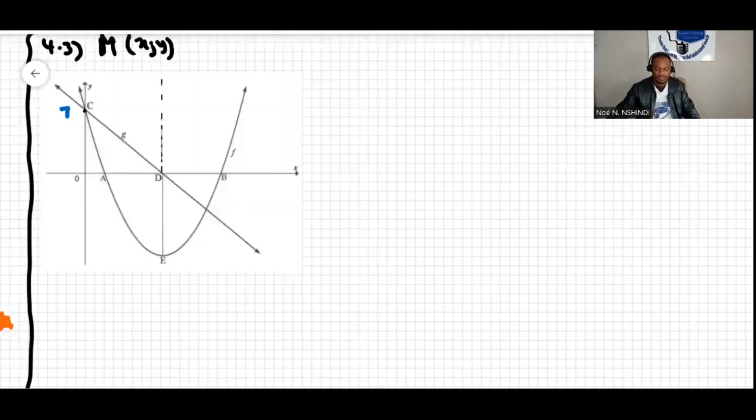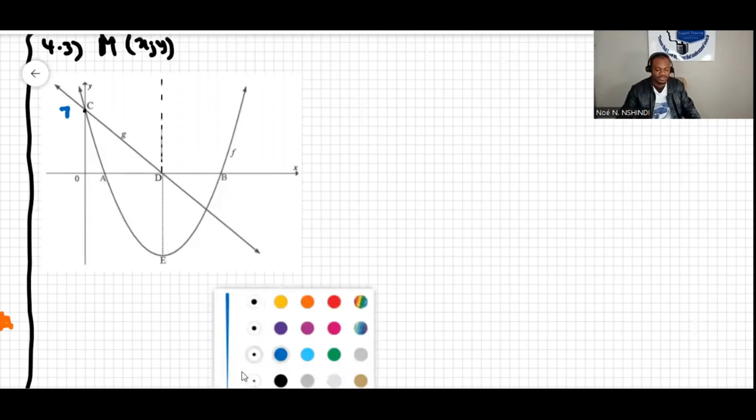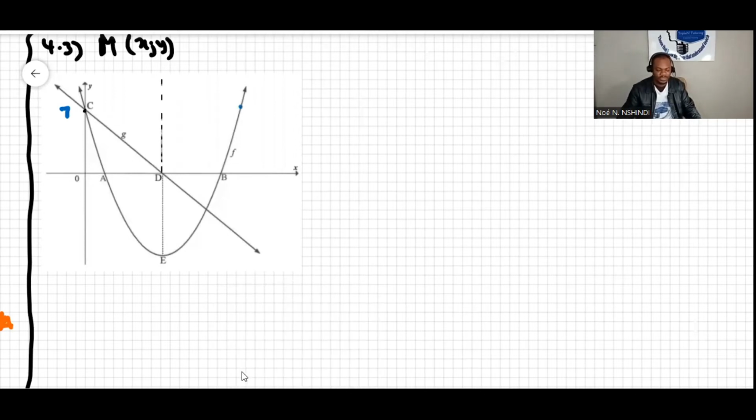When I look from C here to the line of symmetry, it's 4 units, and it must be constant. We need to add another 4 units. So in total 8 units, because 4 units from 0 to there, and then 4 units to there also.